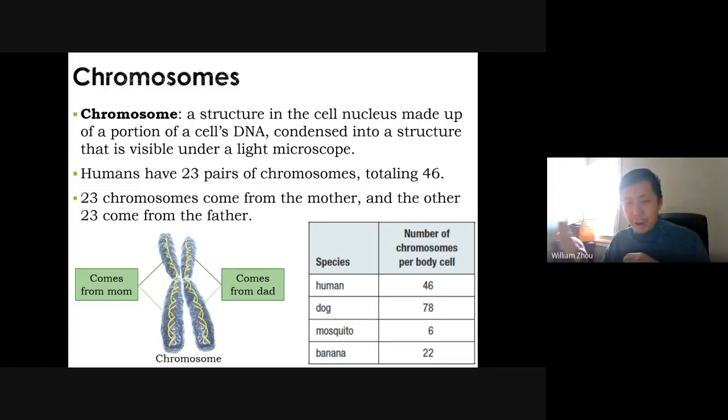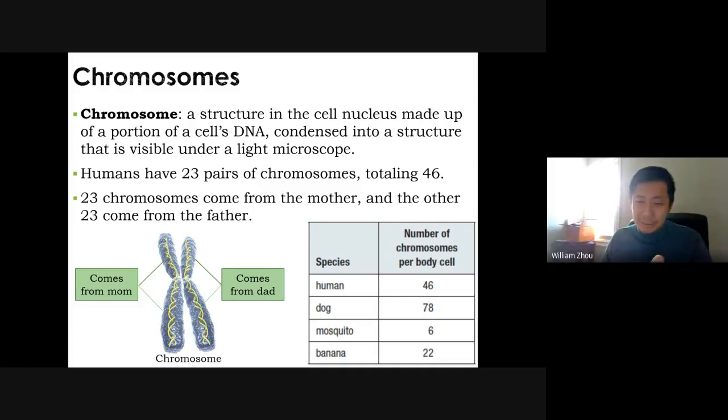comes from your father. Now, when I said that all of your cells have 23 pairs of chromosomes, well, I'm not talking about your sex cells, your sperm and your eggs. Well, you can only really have one, not the other, depending on whether you're male or female. Your sex cells only have half of them. They have 23 chromosomes, not 23 pairs.